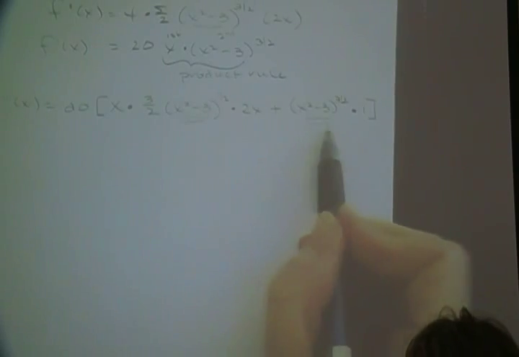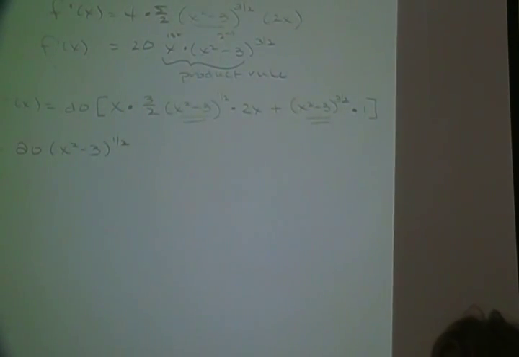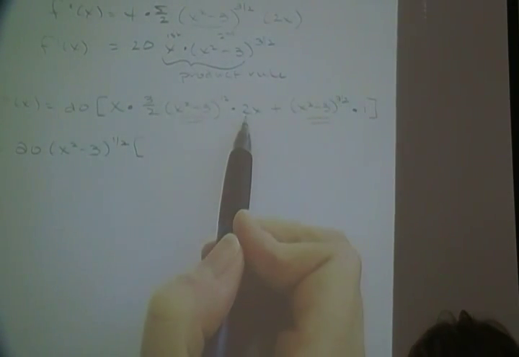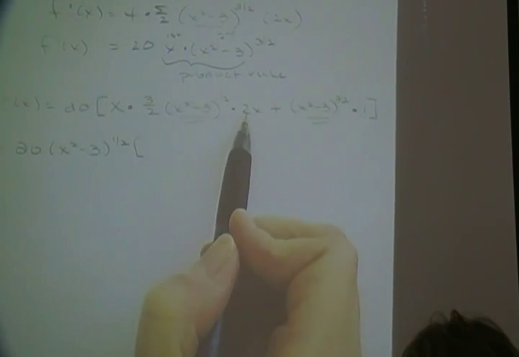And you know you need to simplify it when you use the product rule together with the general power rule, because you're going to have this common factor to pull out. So the final step would be to pull out (x squared minus 3) to the 1/2 and then write what's left. So my 3/2 times my 2 can become a 3.